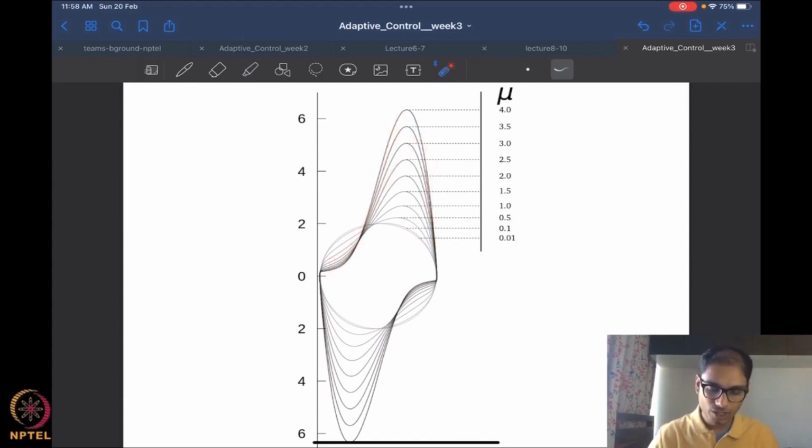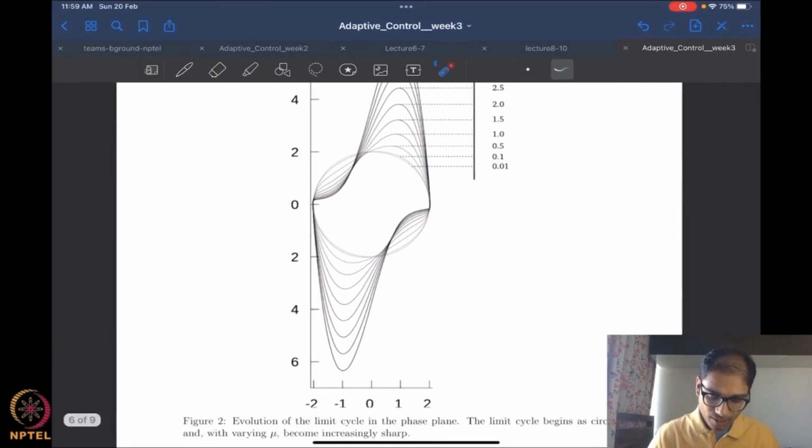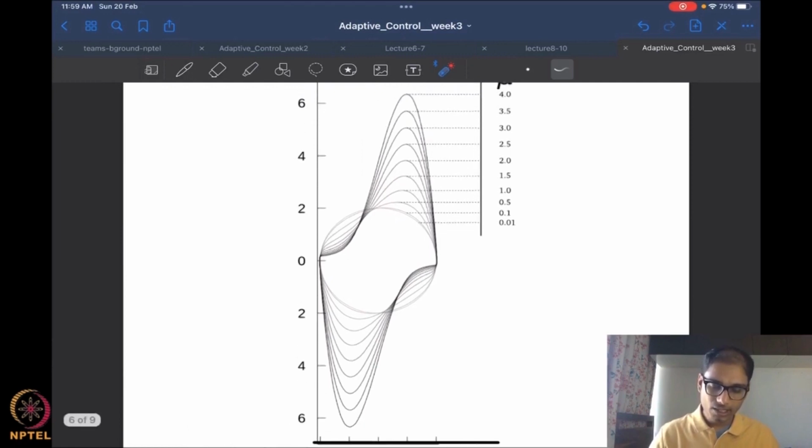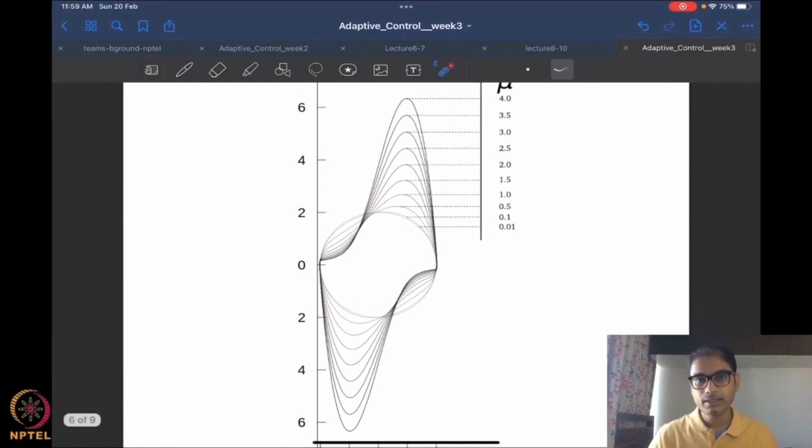Otherwise all trajectories still converge to the limit cycle. So the only thing that changes is the shape of this limit cycle. The origin continues to remain unstable, as we stated before for the van der Pol oscillator.